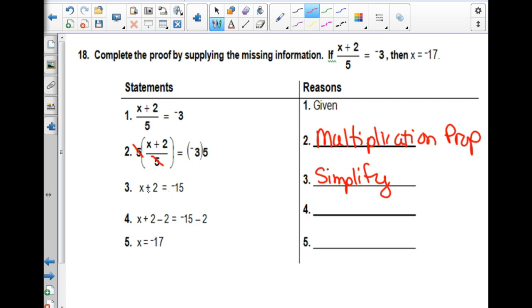All right, now, next they went from here to here, and they're showing what they're doing. They're subtracting 2 from both sides. So that's your subtraction property. And then they combined the like terms or simplified it to get down to the last one.